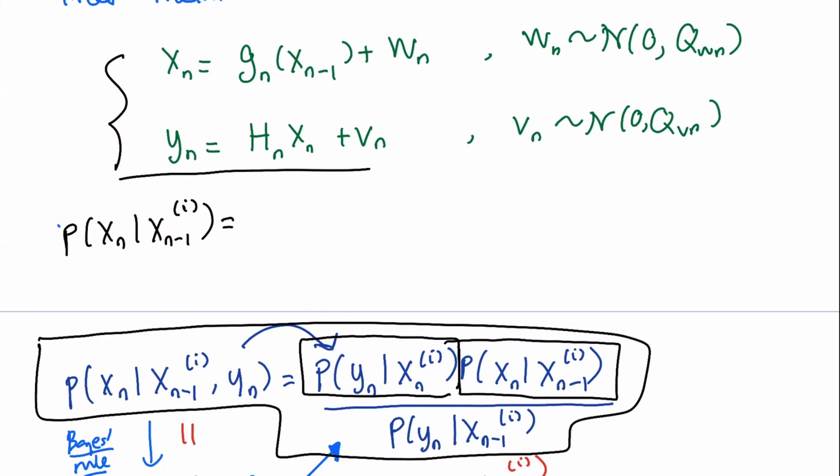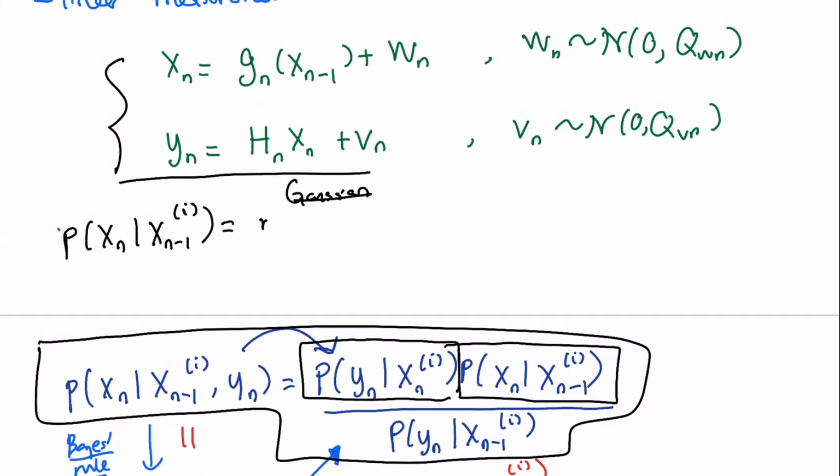Is it a linear Gaussian? Okay, so it's a Gaussian. Okay, so then I should have a mean and a variance, right, or covariance. So what's the mean?